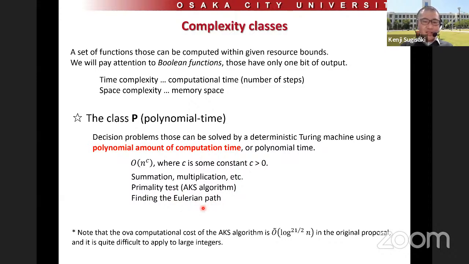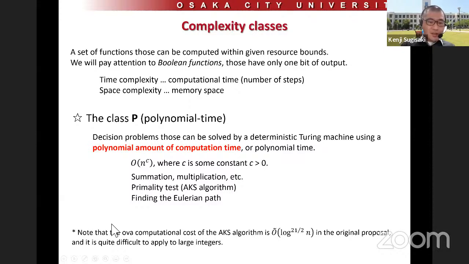I will explain the Eulerian path in the next slide. But the important thing is, as I said before, that a problem in class P has a computational cost that scales polynomially against the problem size, but it doesn't mean that it is always practical for computers.